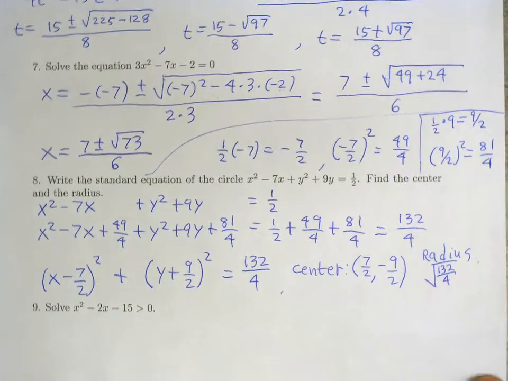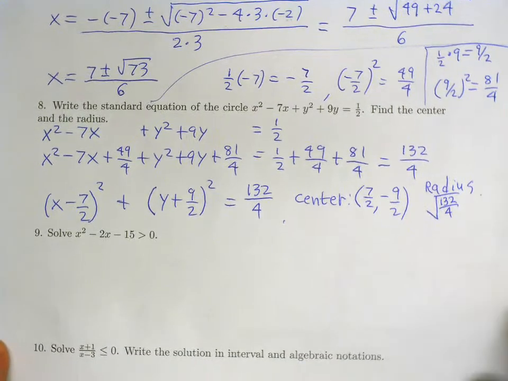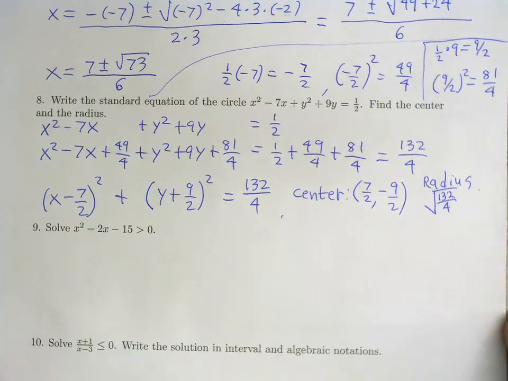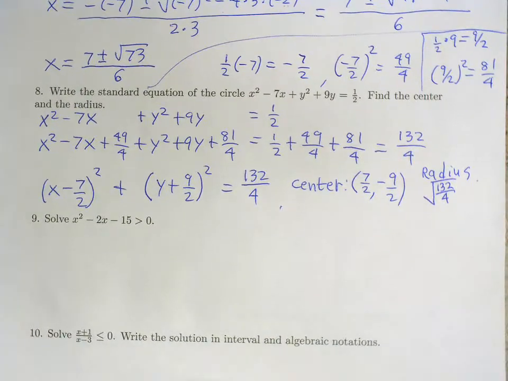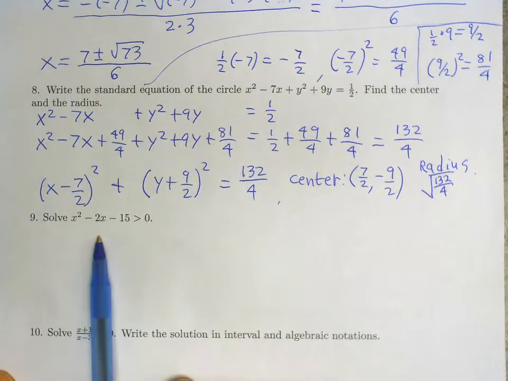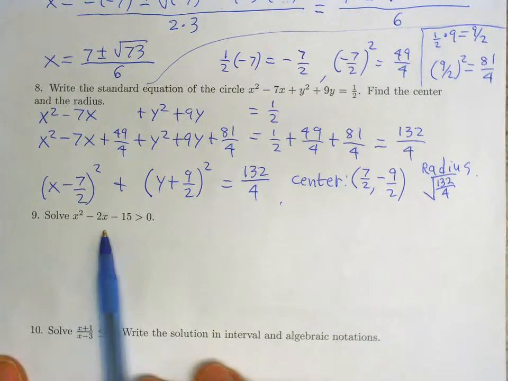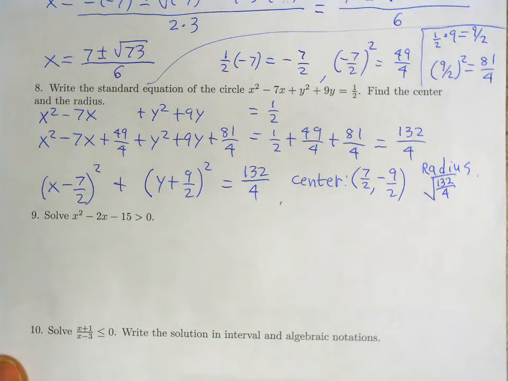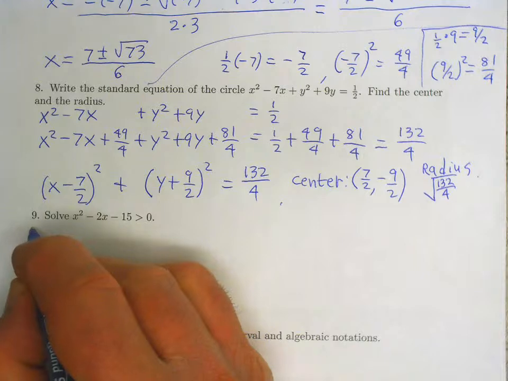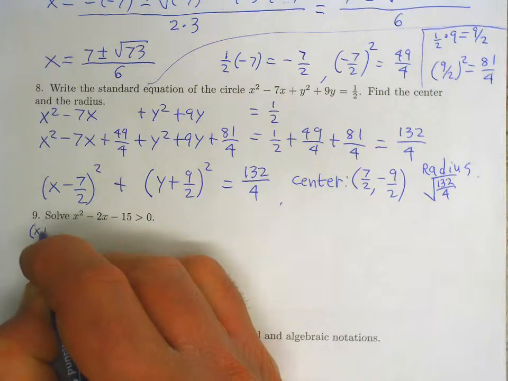Okay, let's move on to number 9. Solve the quadratic inequality. X squared minus 2x minus 15 is greater than 0. So one side is 0. If we can factor the left-hand side, then we'll know what the endpoints are. And this factors really nicely. One factor is x plus 3.